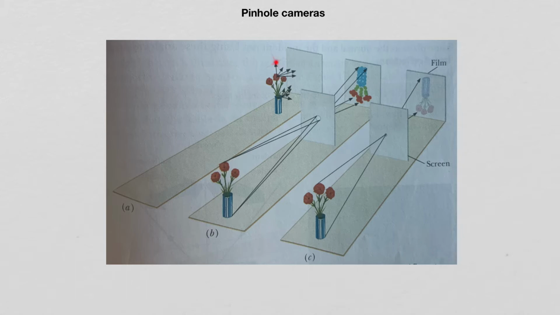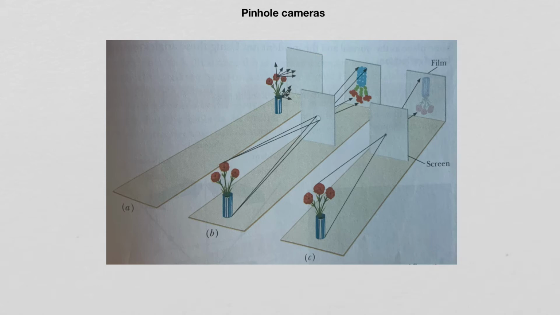As I mentioned already, if we place our object, which is a vase with some flowers in it, in front of our photofilm, when this object is illuminated by a light source, the light that's reflected from the object will be reflected in all random directions, which then results in no actual image created on the film.